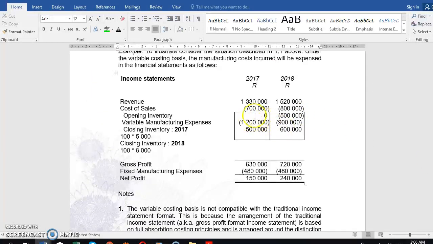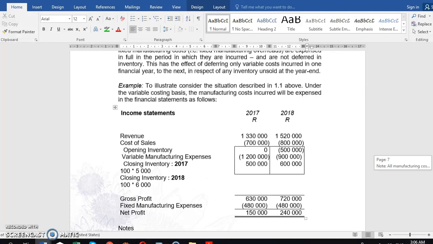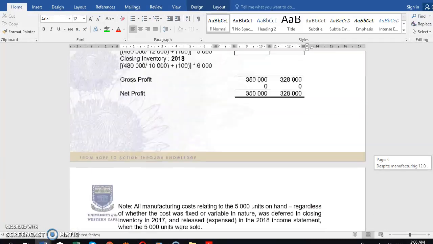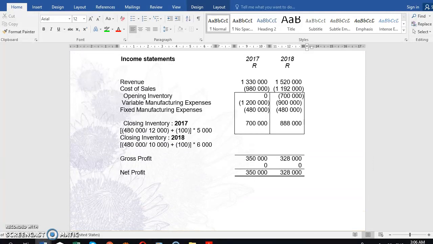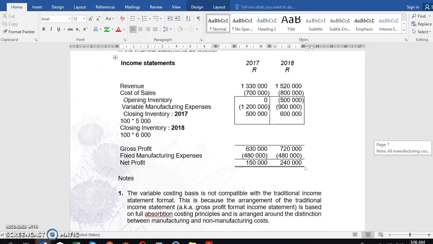There is no fixed cost in this block because it's variable cost, and closing inventory is also just variable cost, effectively the 5,000 units multiplied by the 100 Rand. That gives you the 500,000. Then you effectively have 1.2 million variable manufacturing costs.